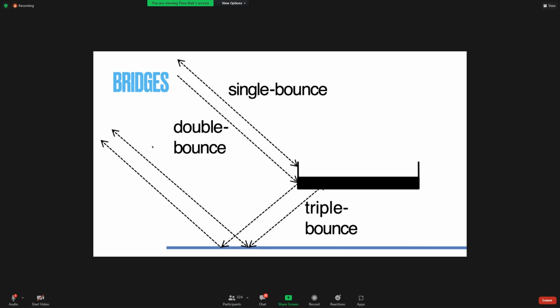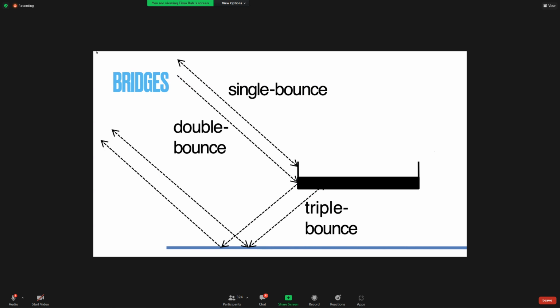We have the double bounce, where, for example, we hit the water, get reflected from the water, hit the bridge, and then go back to the sensor. Or similarly, we hit first the bridge, get reflected to the water, and go back to the sensor. There will be the same traveling time, so they come back at the same time.